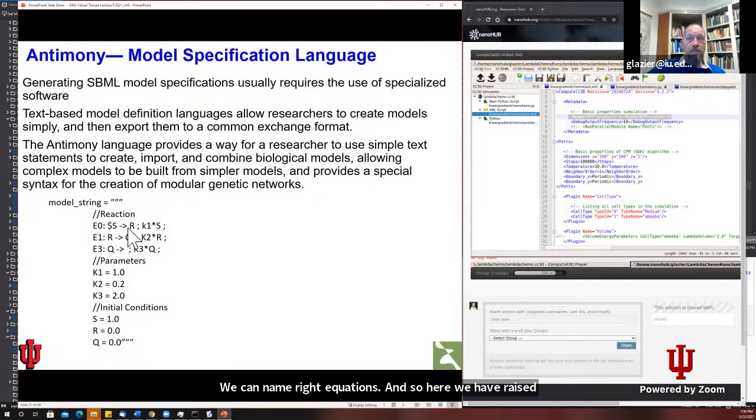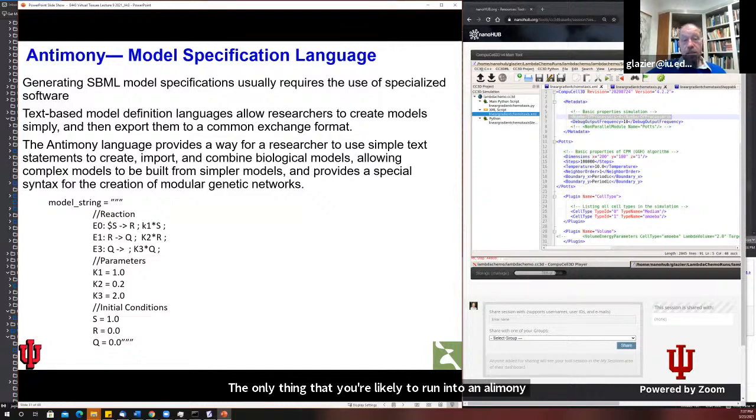It says boundary species S becomes R with a rate K1 times S. So the rate at which we produce R is K1 times the concentration of S. Rate equation 2, E2, says R goes to Q at a rate K2 times R. Q goes to nothing, that's the sink, at a rate K3 times Q. And I can write any simple algebraic form, and the basic mathematical operators and mathematical functions like sine, cosine, logarithm are all implemented.